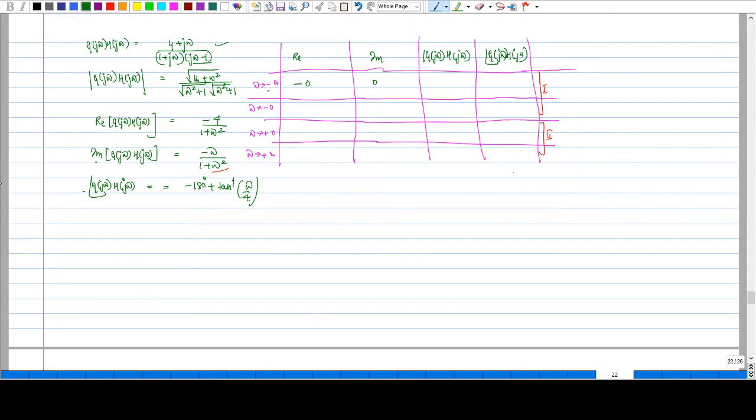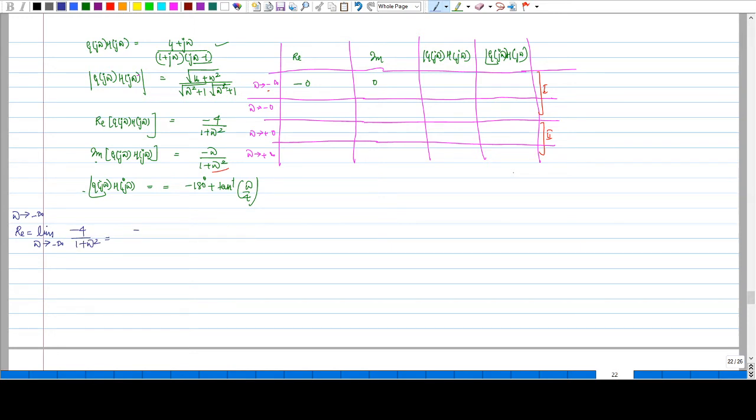First we will take omega tends to minus infinity. So the real part is equal to limit omega tends to minus infinity of minus 4 divided by 1 plus omega square.